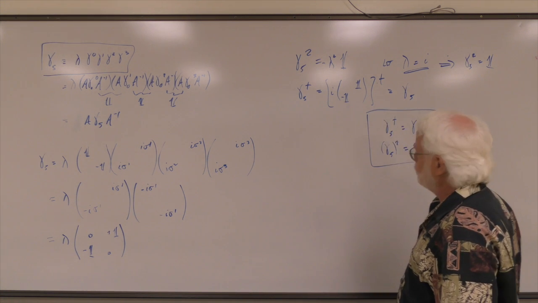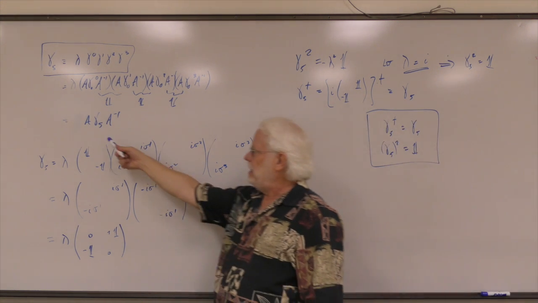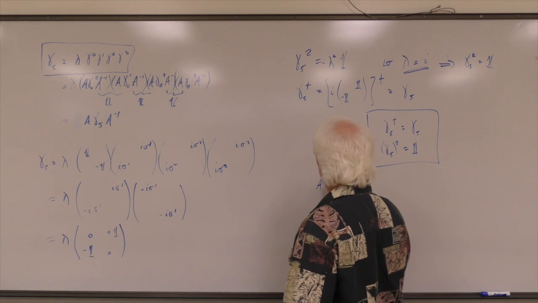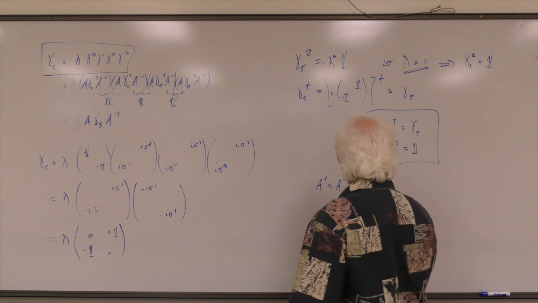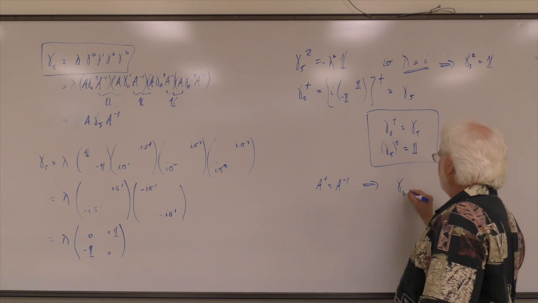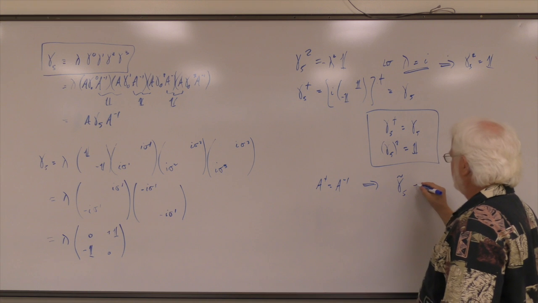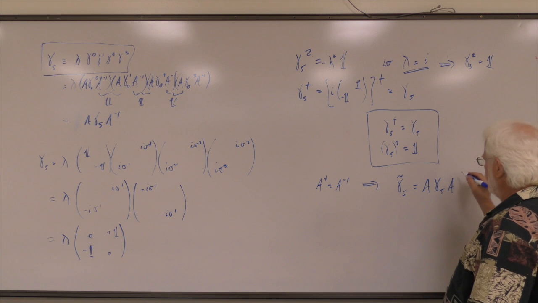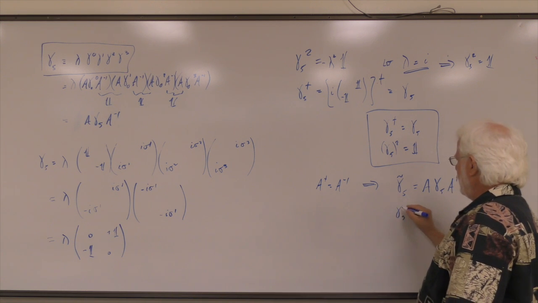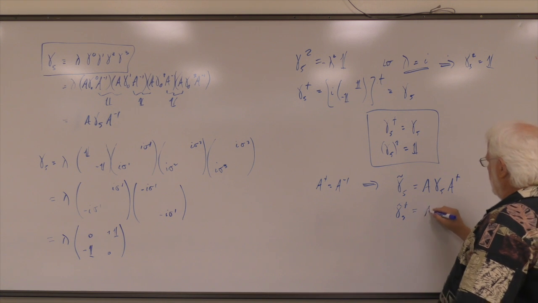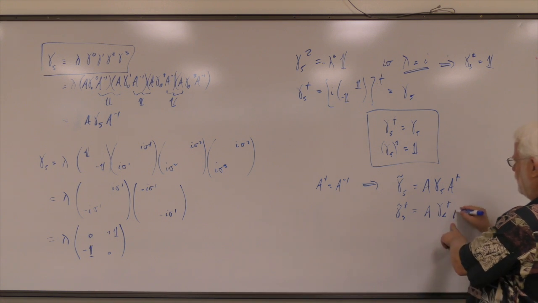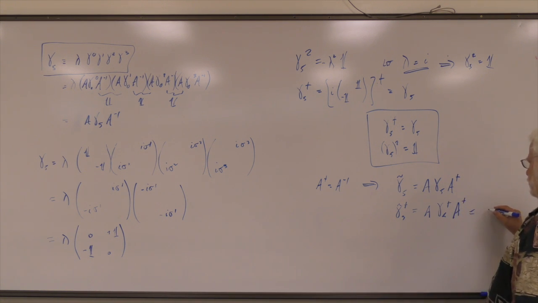And those properties will be preserved as long as this A is unitary. Right? If A is unitary, A dagger is A inverse, and so our new gamma 5, say gamma 5 tilde, is A gamma 5 A inverse. Then gamma 5 tilde dagger is A dagger dagger, which becomes A, gamma 5 dagger is gamma 5, and this becomes A dagger, which is equal to gamma 5 tilde, so it stays Hermitian.